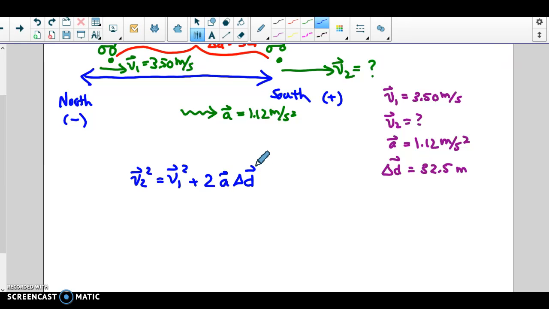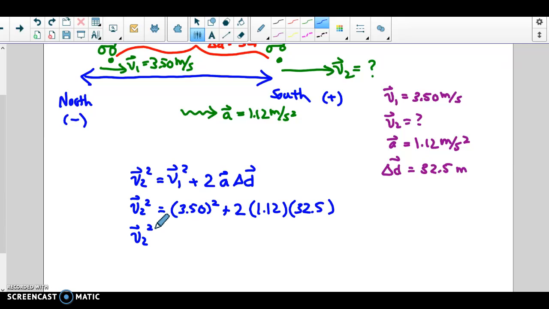So now we can substitute some things into this equation. Handily, it's already rearranged for us because we actually want to solve for V2. So 3.50 squared plus 2 times the acceleration, 1.12, times the displacement, 32.5.